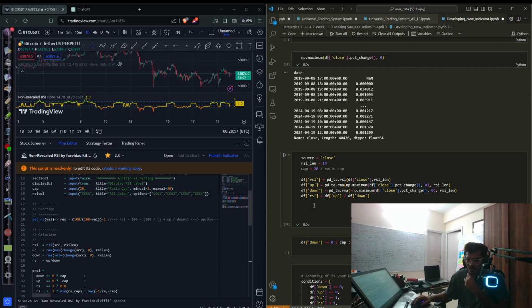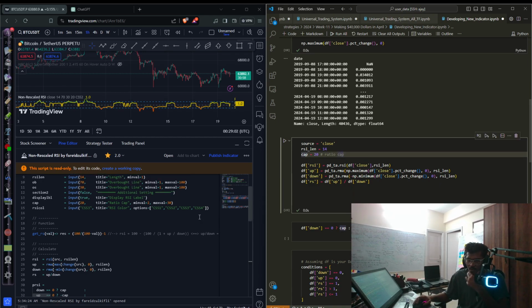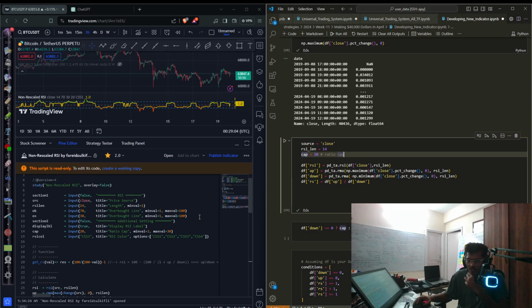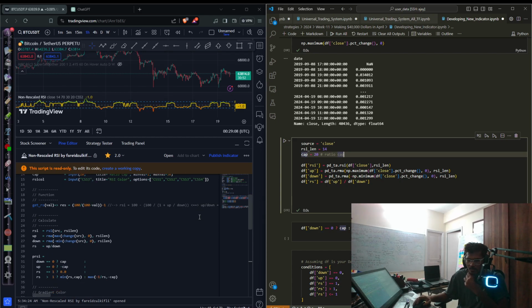Anyway, so we got the RSI length 40, source close. All right. Up is RMA of maximum of close. Oh yeah.